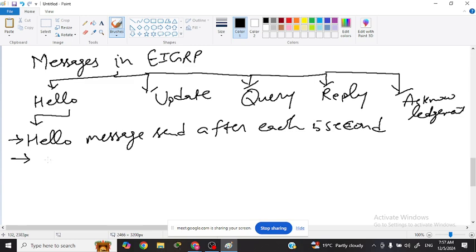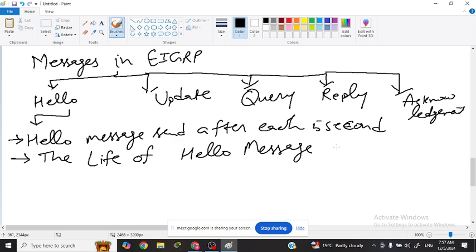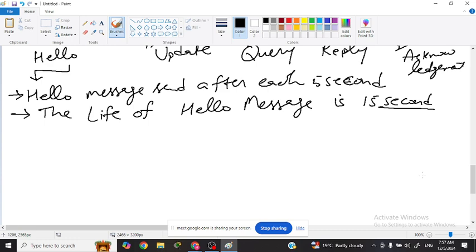And the life of hello message is 15 seconds only. We can increase and decrease this time. Okay? But by default only 5 seconds. So what does it mean, the hello message?